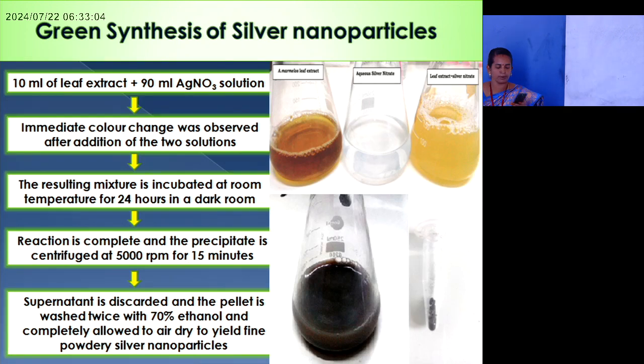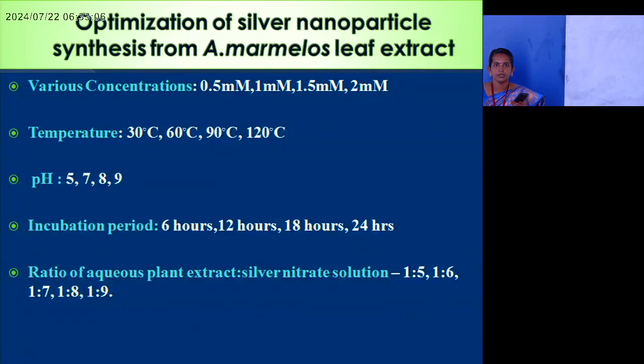Before the synthesis, we have to optimize the various parameters for synthesizing the nanoparticles. For optimization, we increase the concentration of silver nitrate and vary the temperature.